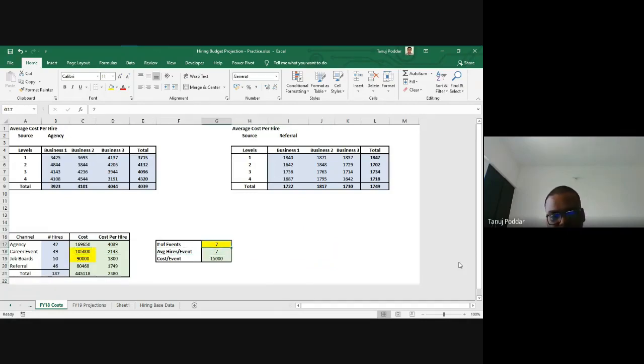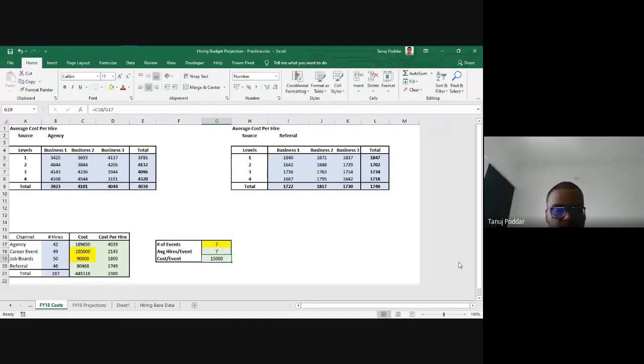One interesting thing that we can capture is the number of events for which this cost is, and also the average hires that we've had through these events. Like 49 hires that we've made through 7 events. So this becomes 49 by 7 to give us how many hires I'm able to get per event.